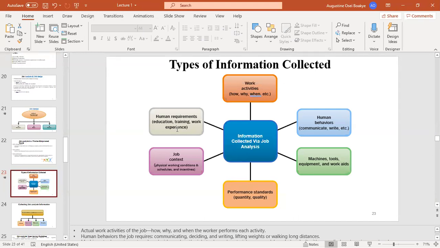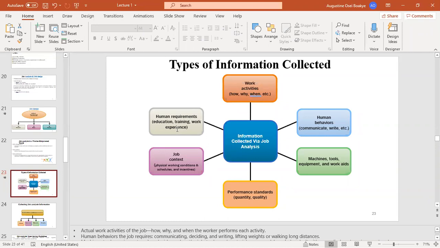Again, must the person have some number of years of working experience before they can be successful on the job? If yes, then the job analyst will require all this information so that in future, when they plan on recruiting and selecting job applicants, they will take all this information into consideration.